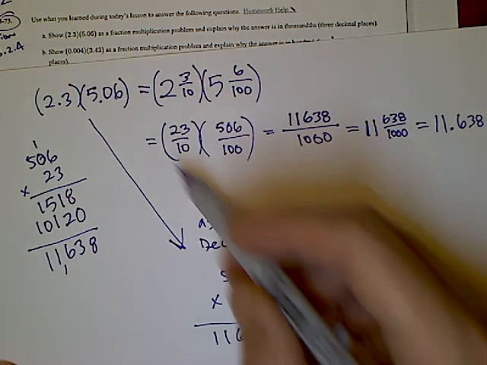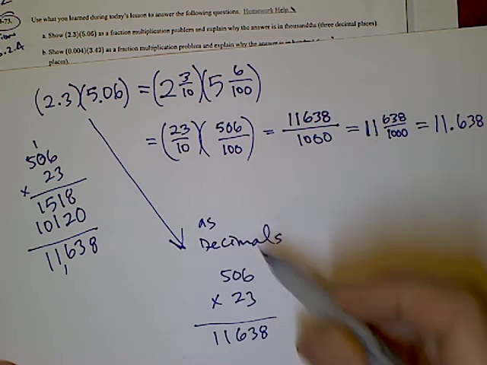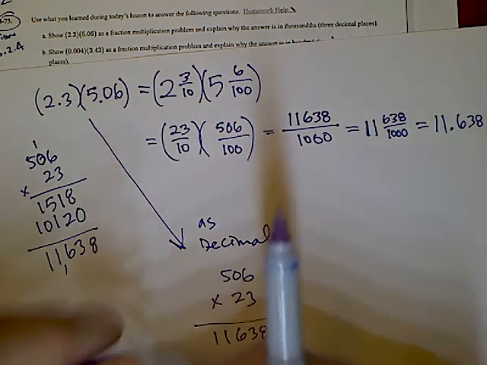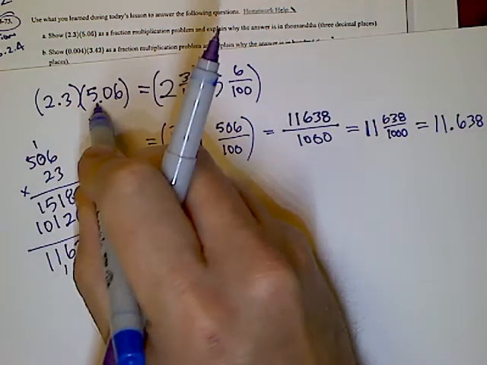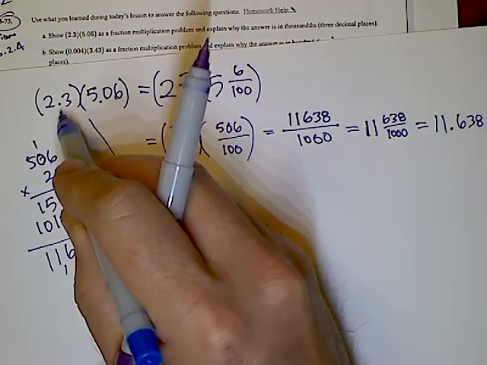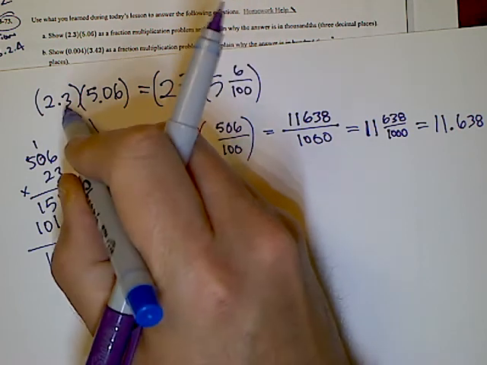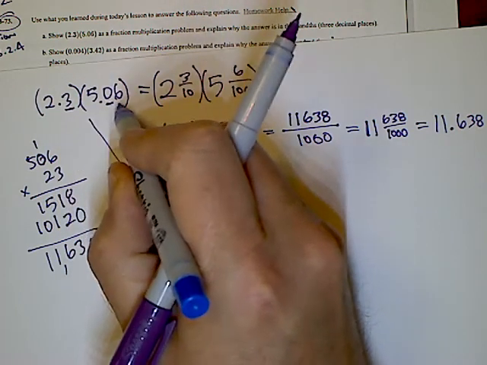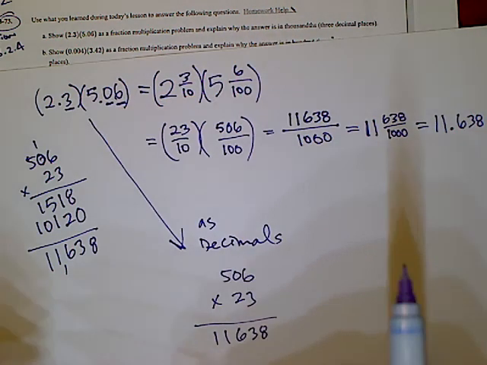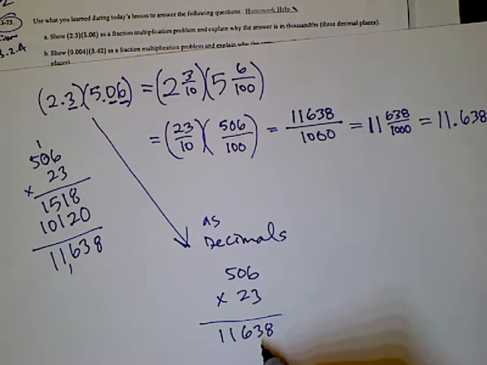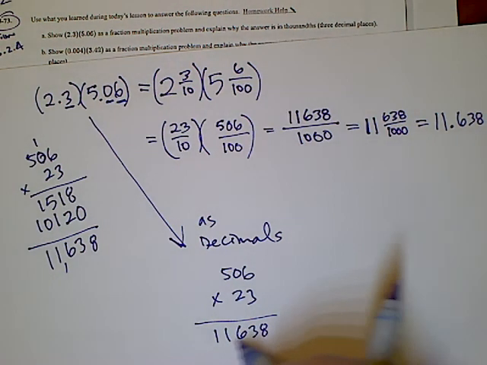So why did I do that? Because that's the process of multiplying decimals. Then you go back to the original problem and count how many digits are on the right of the decimal. We have 1, 2, 3 digits on the right. So the same thing would be true with my answer.